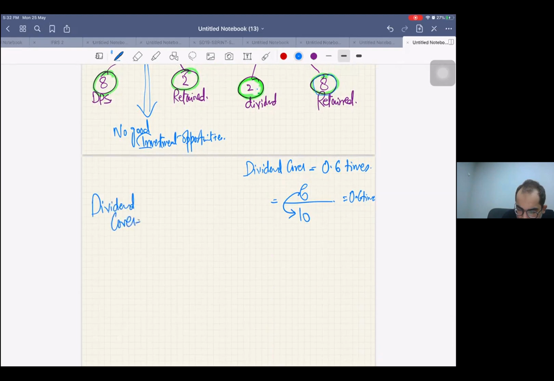Dividend cover is equal to total earnings, meaning profit after tax, PAT, divided by total ordinary dividends.